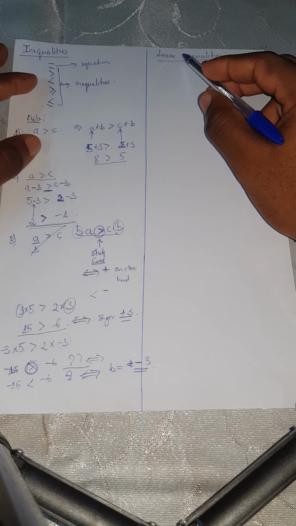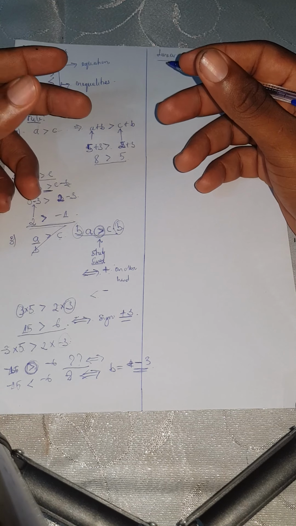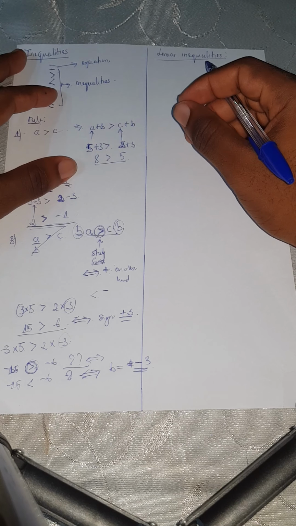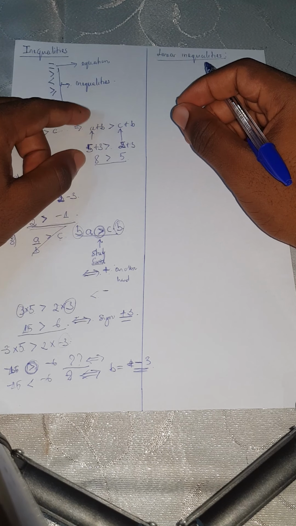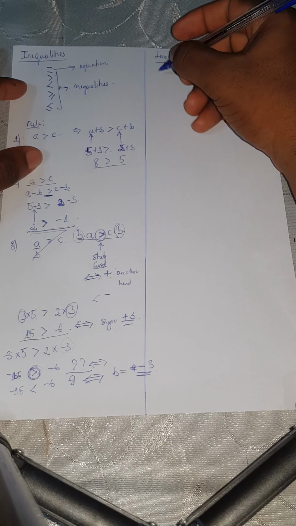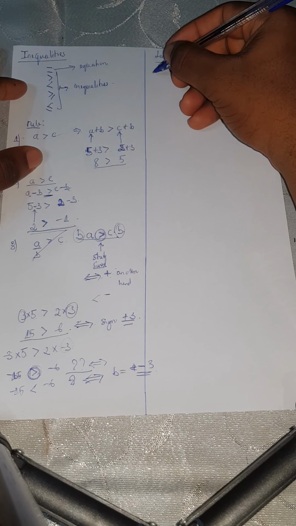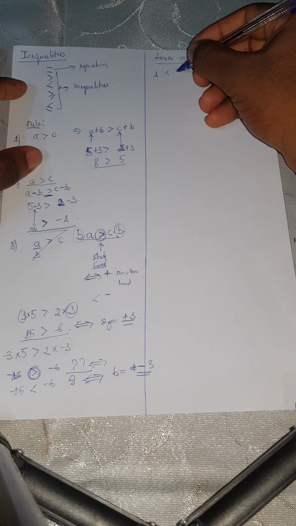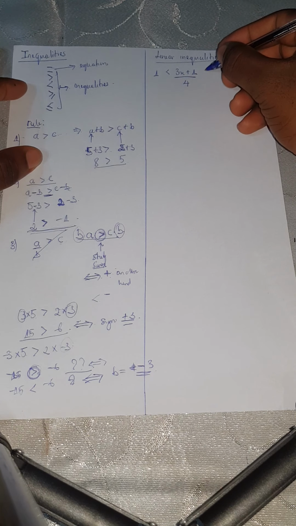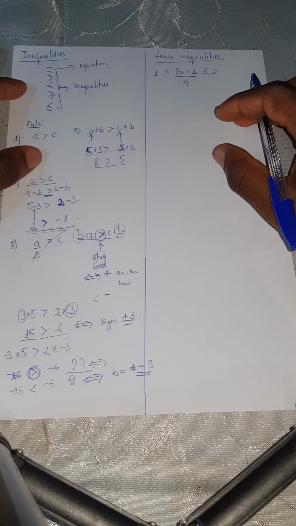So the linear inequalities are going to be linear functions which are inequated with a certain number, because we are in inequalities. Now, let's take an example. If we have a linear inequality as such, 1 less than (3x plus 1) divided by 4 less than or equal to 2.